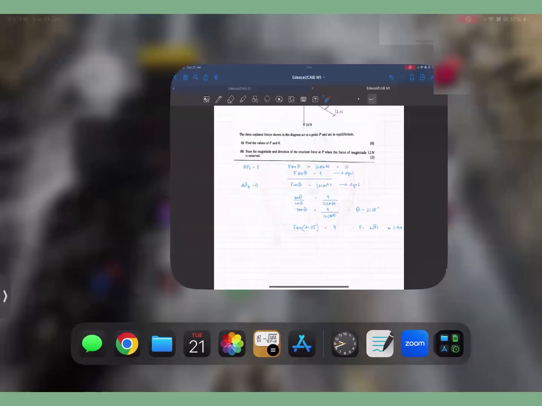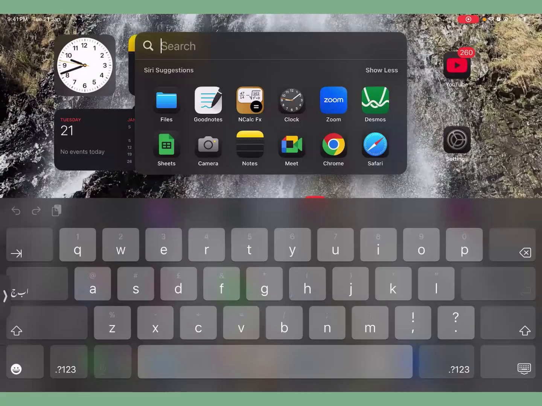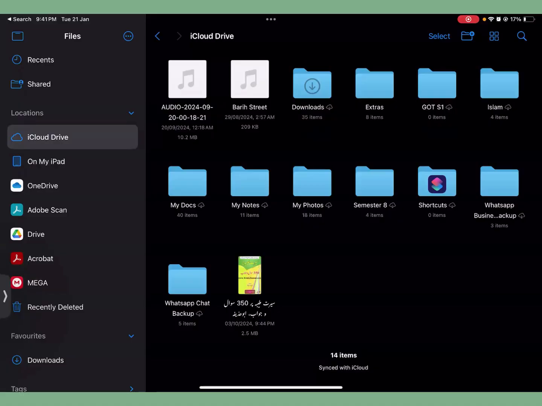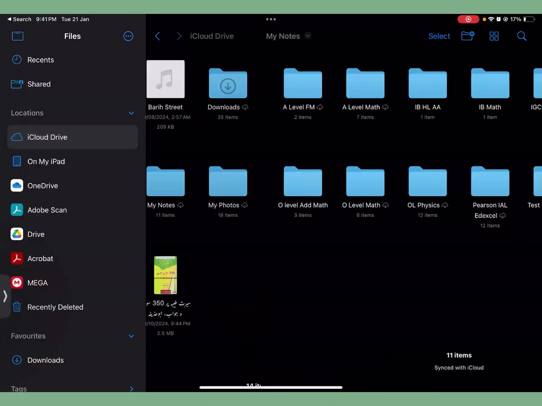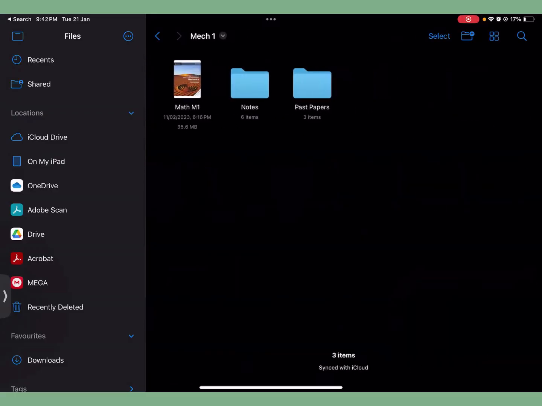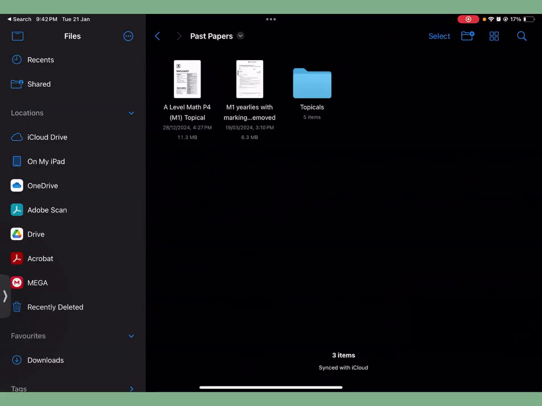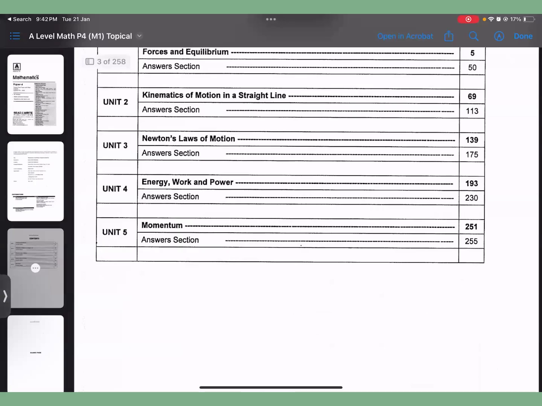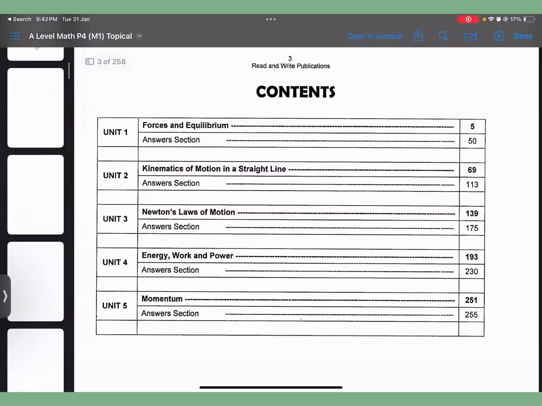Okay, now let's find a very recent past paper question. These are some old ones. Sorry, not over here. Forces and equilibrium, the first topic.